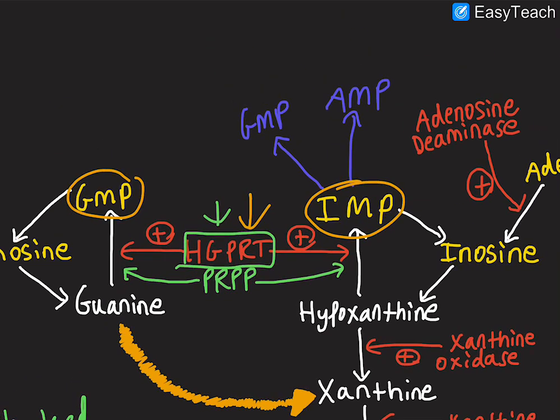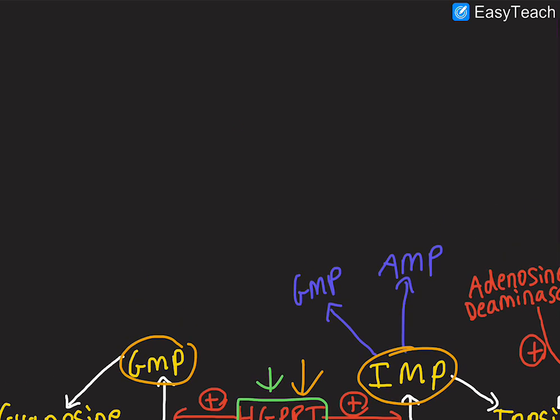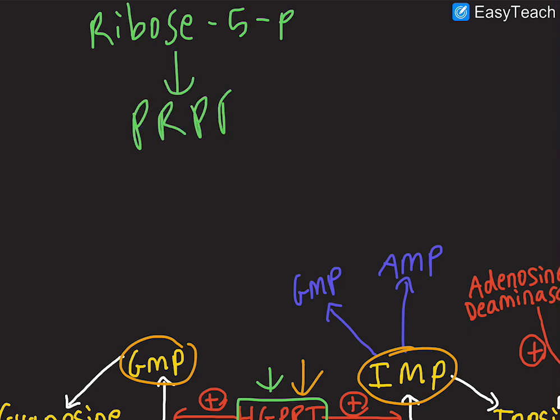Remember that enzyme? If we go back to that pathway, we're not going to go into super detail because we already did that in a previous video. But remember, let's start with ribose 5-phosphate. From here we made PRPP via PRPP synthetase.